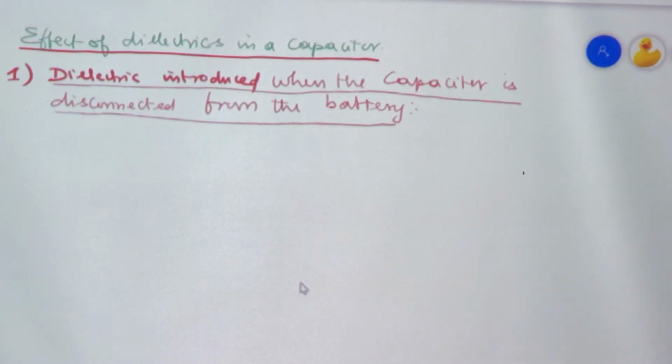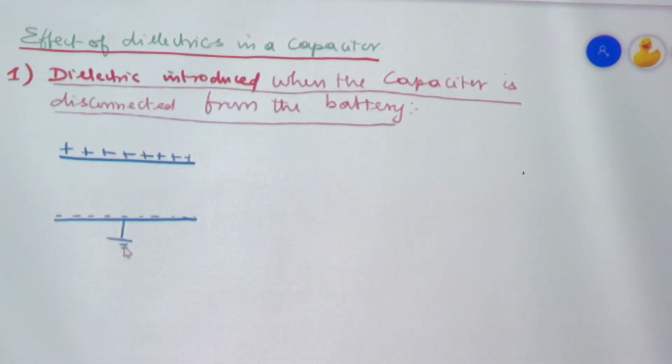In order to consider this, I am taking a parallel plate capacitor connected to a battery. When it is connected to a battery, one of the plates acquires positive charges and the other plate is induced with negative charges, and the other end of this plate is earthed.